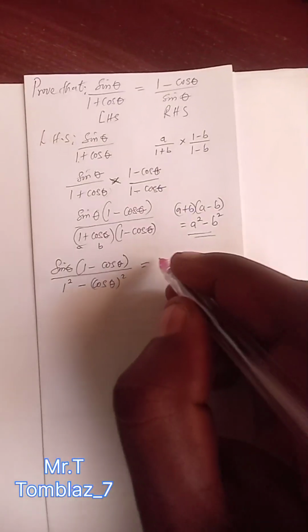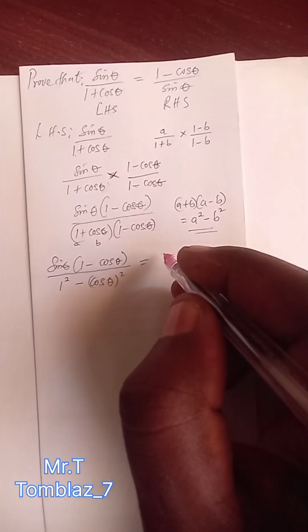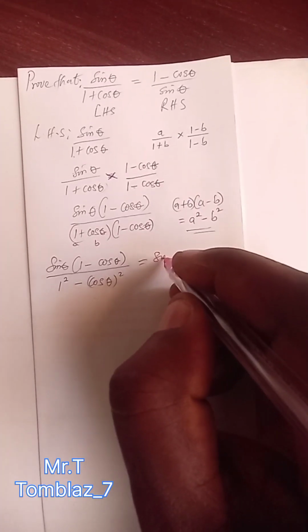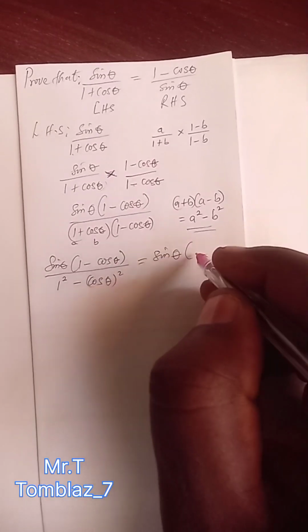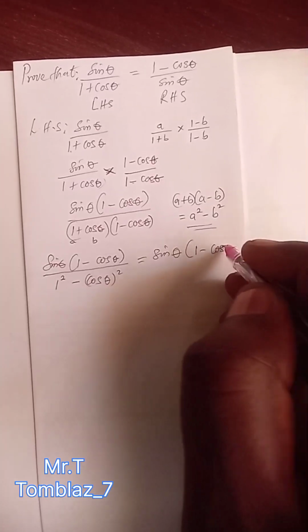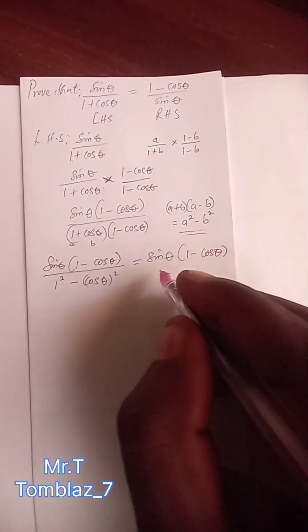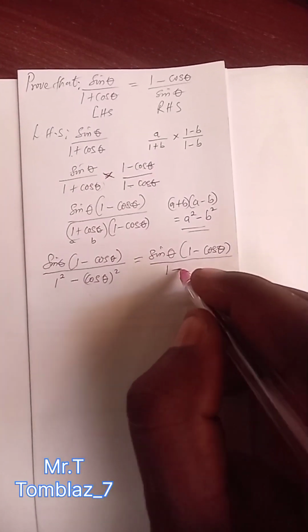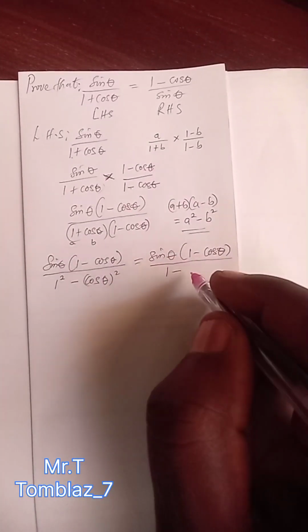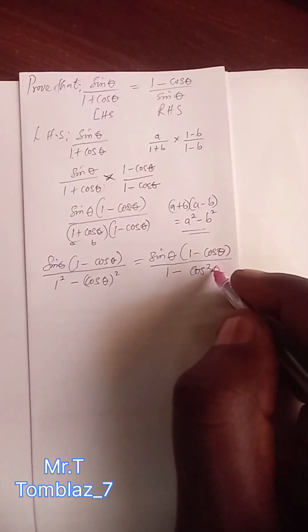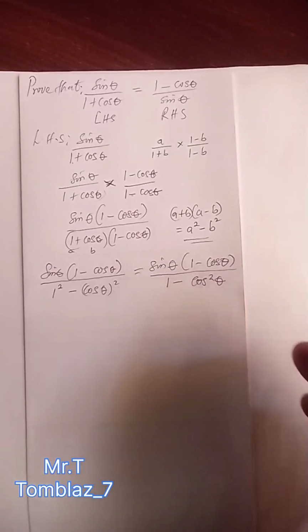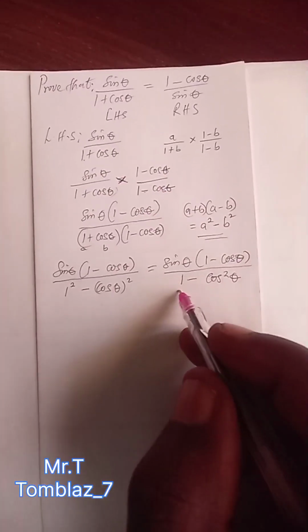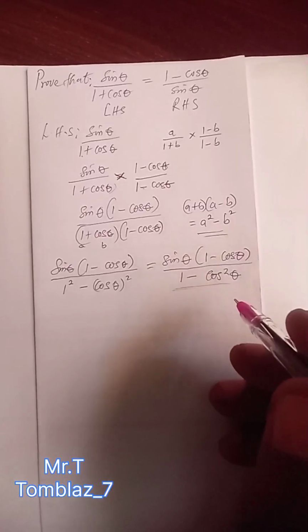Okay, so this is going to give us sine theta into 1 minus cos theta, all divided by 1 square is 1, cos theta square is cos theta square, like this, right? Okay, now look at this one, the denominator here.